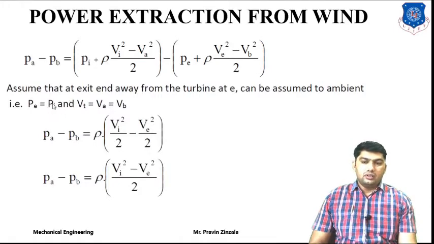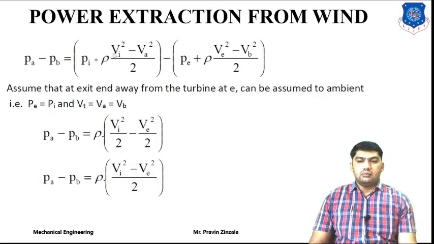In this equation, we are assuming that Pe is equal to Pi, meaning incoming side pressure is equal to exit side pressure, and VT is equal to VA and VB, where VT is the wind turbine velocity. So in the equation we are inserting Pe is equal to Pi and VA is equal to VB is equal to VT.